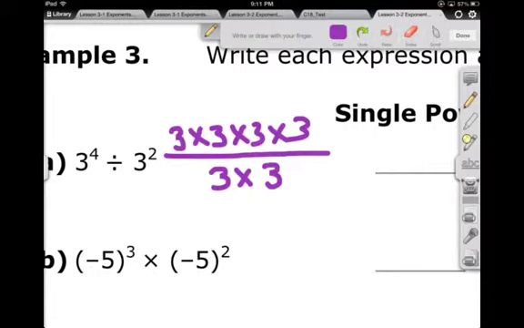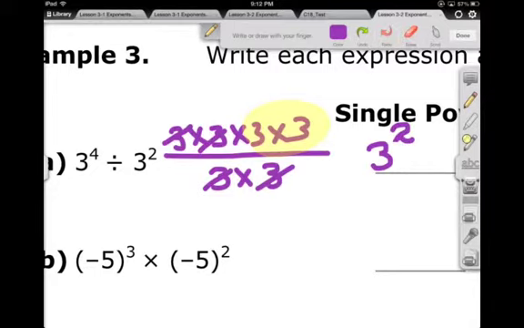Okay, how many of these 3s cancel out? If you're good at your canceling, if you're not, pay attention. There's a 3 here and a 3 here. Those cancel. That's like dividing 3 by 3, and they each become 1. So I'll just cross them out. This 3 and this 3 cancel out, and I'm left with these final 2. I'm just left with 2 3s. 3 times 3. A better way of saying that is 3 squared.